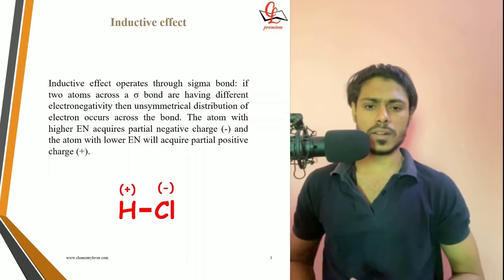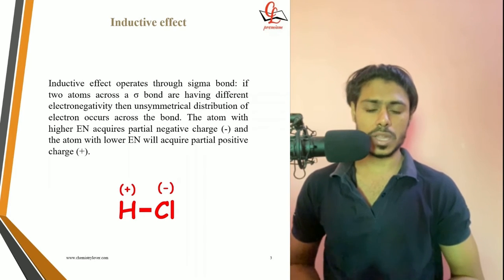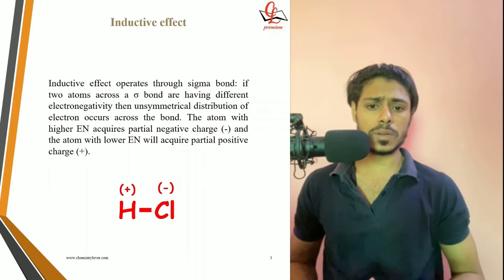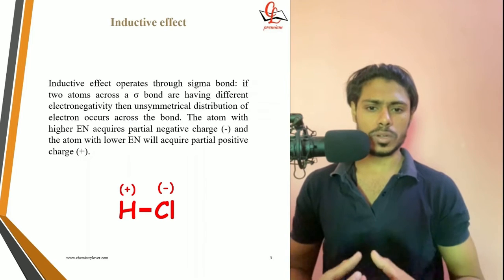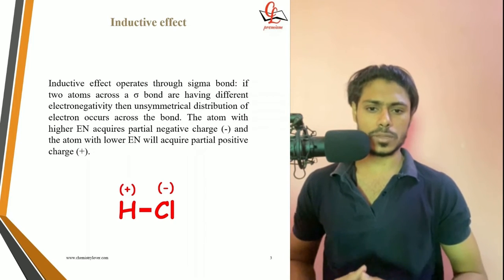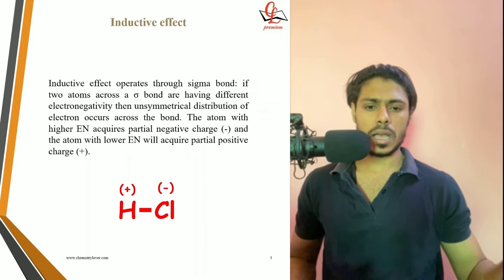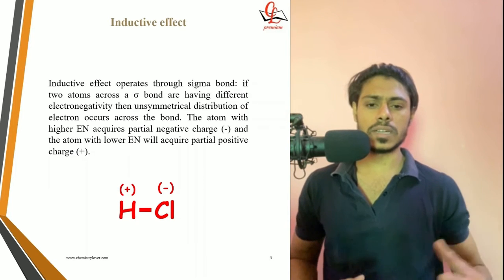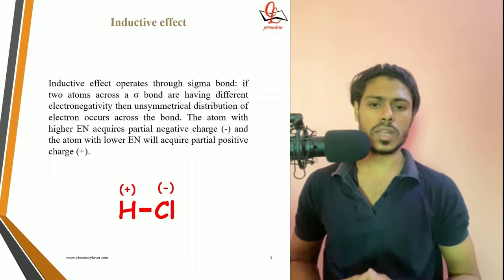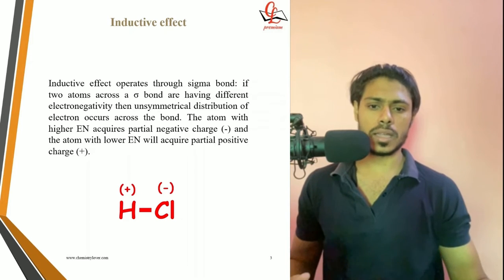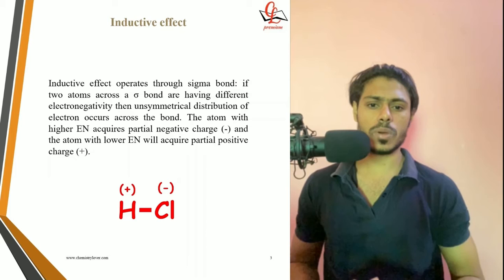Now before understanding inductive effect, we should know what electronegativity is. The concept of electronegativity comes when two different atoms are bound in a chemical bond. The atom that has higher electronegativity will drag the electron cloud from the bond, and it will acquire a partial negative charge, whereas the other atom will acquire a partial positive charge.